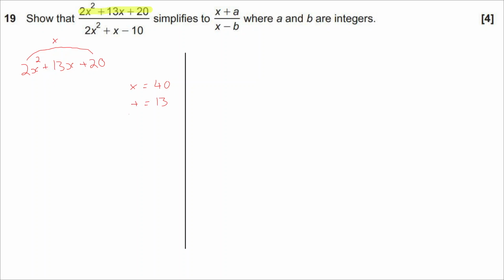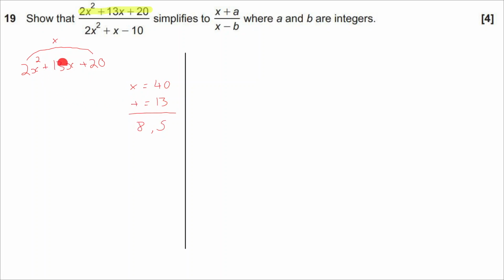They're going to be 8 and 5, because 8 times 5 gives you 40, and 8 add 5 gives you 13.